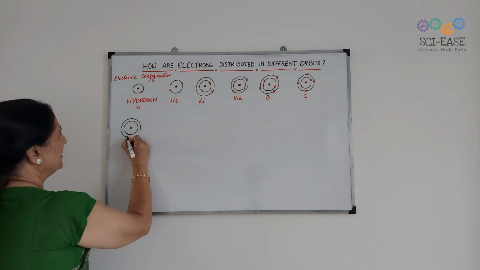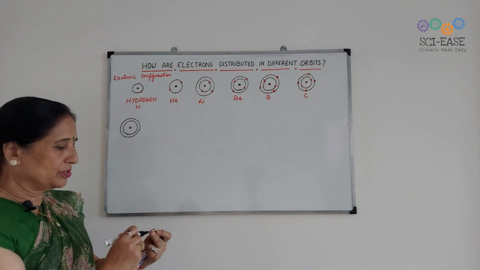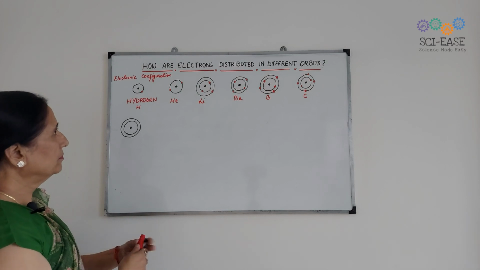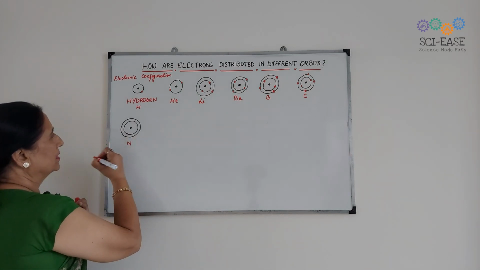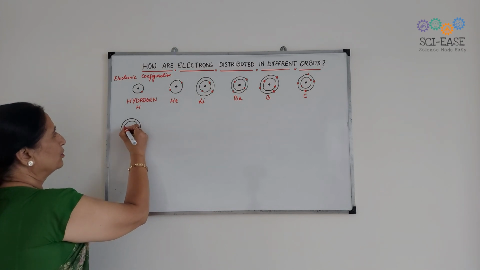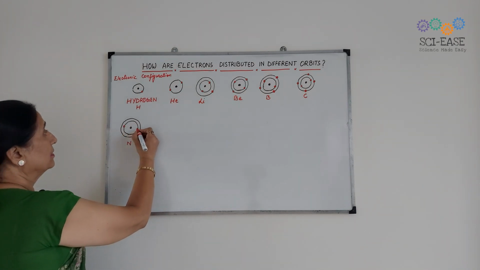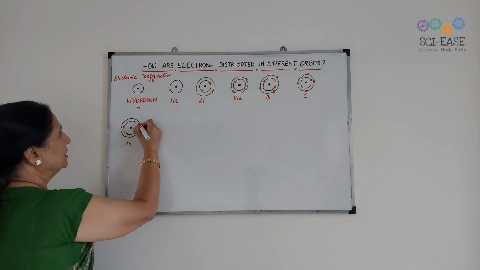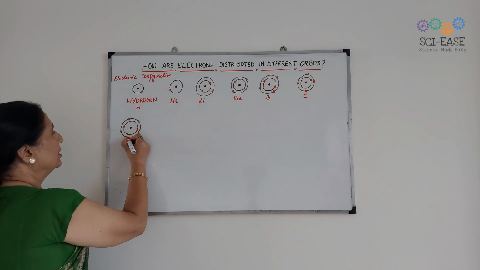You can use a compass also. This is nitrogen. 2 electrons in this shell, and then how many electrons? 5: 1, 2, 3, 4, 5.